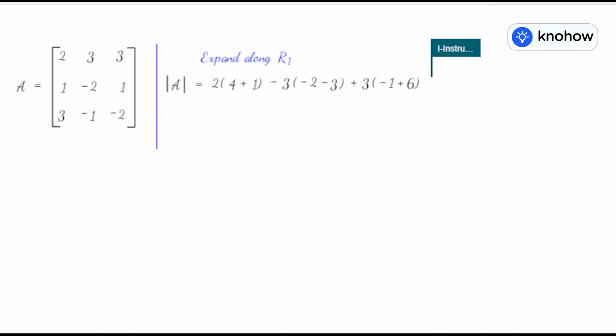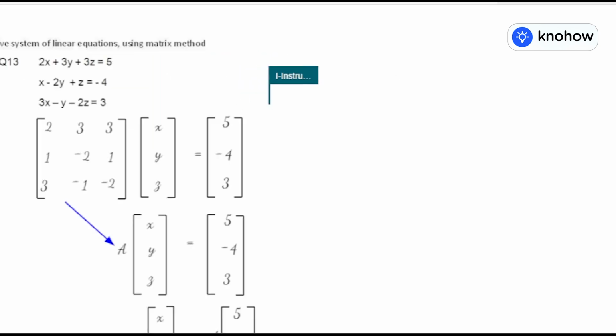Just work it out and you get 2 into 5, that is 10, and minus 3 into minus 5, so you get plus 15, and you get 5 into 3 again 15, so 15, 15, 30, 10, 40. So what is the value of determinant A? The value of determinant A comes out to be 40.